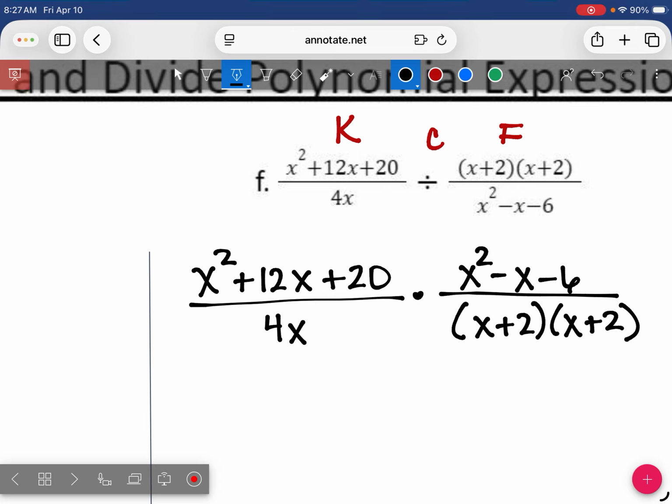All right, so these are the only 2 that can factor. Go ahead and try to factor those. I'm going to come around and see what we come up with. Factor the pink and the green.